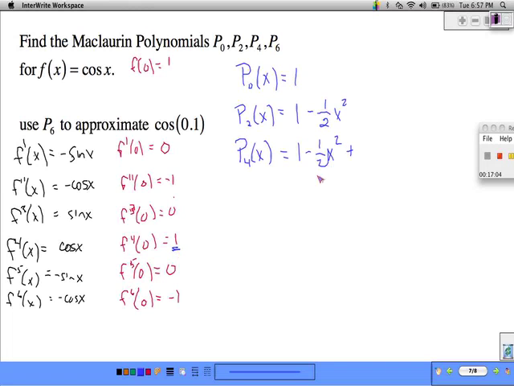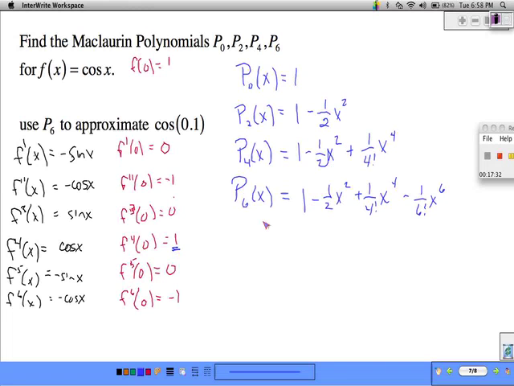Plus 1 over 4 factorial times x to the fourth. And the sixth degree polynomial is 1 minus 1/2 x squared plus 1 over 4 factorial x to the fourth minus 1 over 6 factorial x to the sixth.